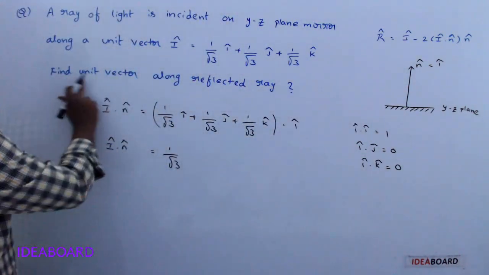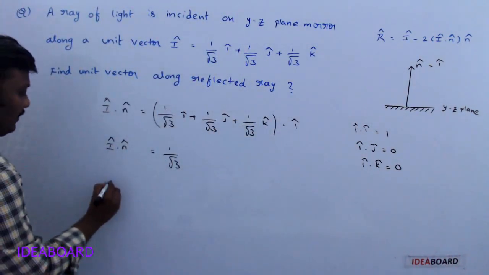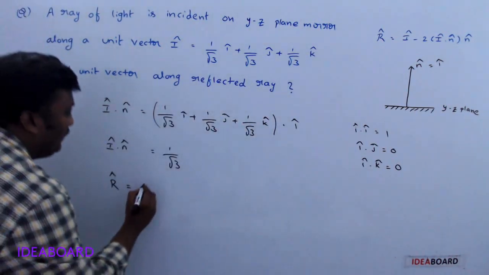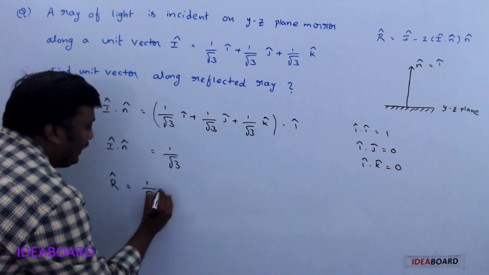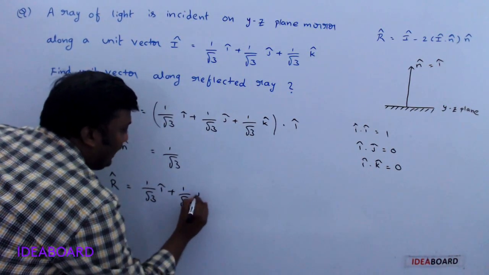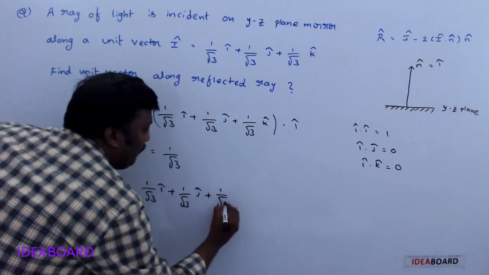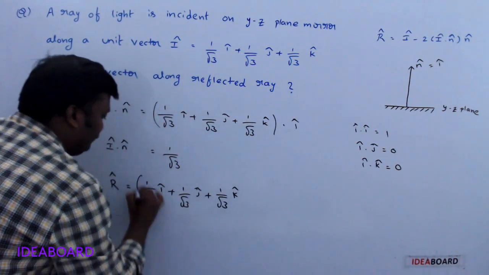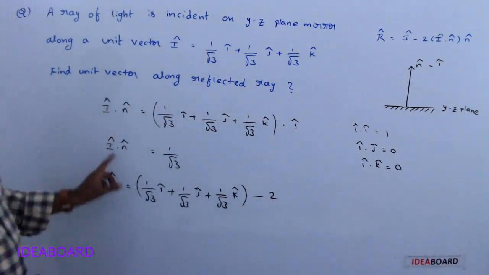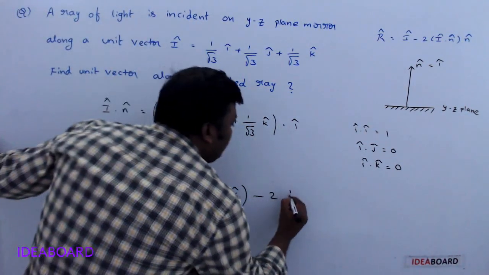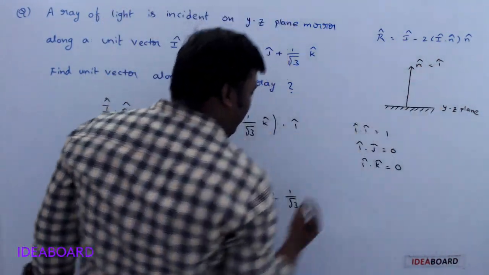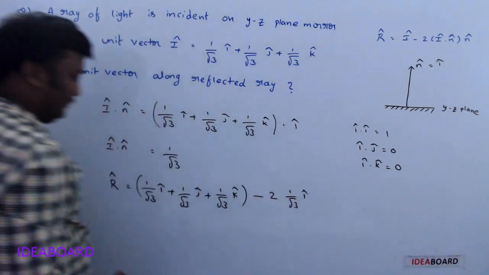Substitute this value here, then you get the unit vector along the reflected ray. So r cap is equal to i cap, whose value is 1 by root 3 i cap plus 1 by root 3 j cap plus 1 by root 3 k cap, minus 2 into i cap dot n cap value 1 by root 3 into n cap. n cap is nothing but i cap.